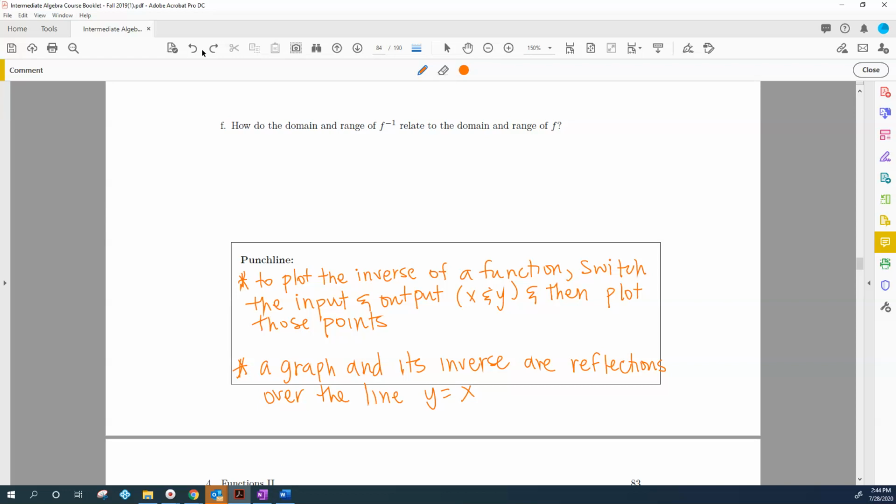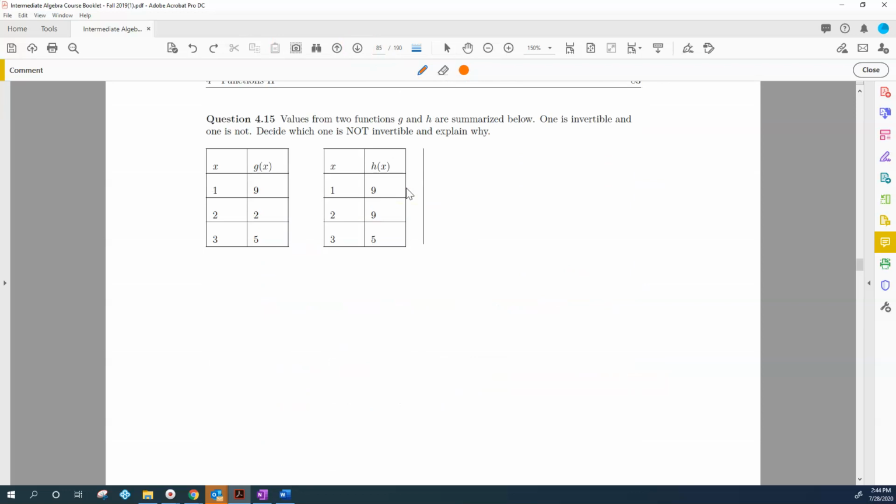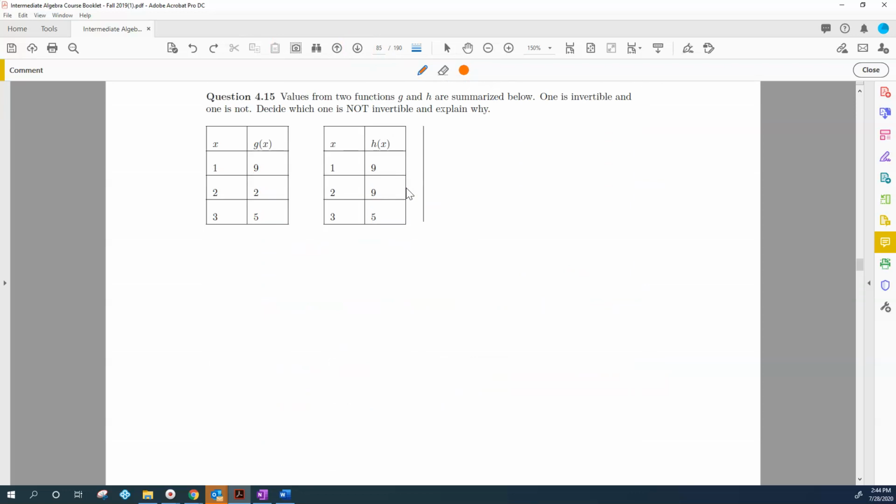And then just a few things that I want to talk about too. Let's look. So remember when we talked about functions at the very beginning of the semester, we said that something is a function when x is unique.